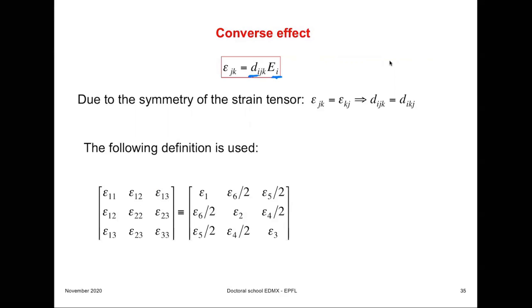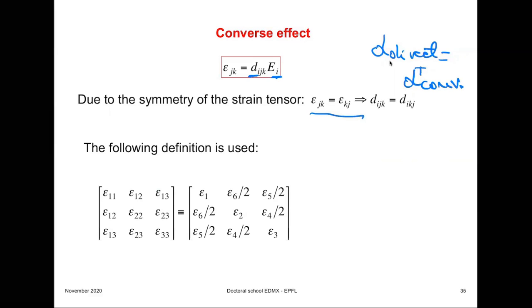I think I haven't mentioned that, but the piezoelectric tensor for a direct effect is just the transposed tensor of the converse effect. And you can see that by comparing equations for direct and converse effects, but that's less important for us.